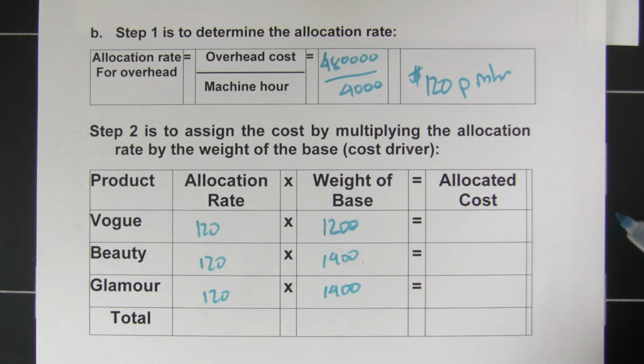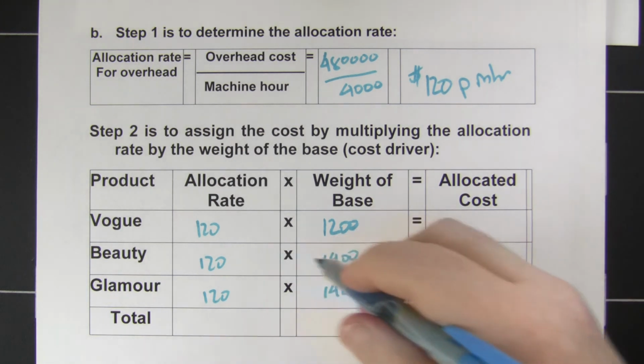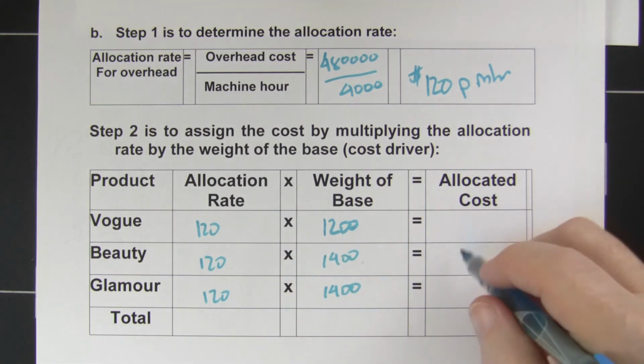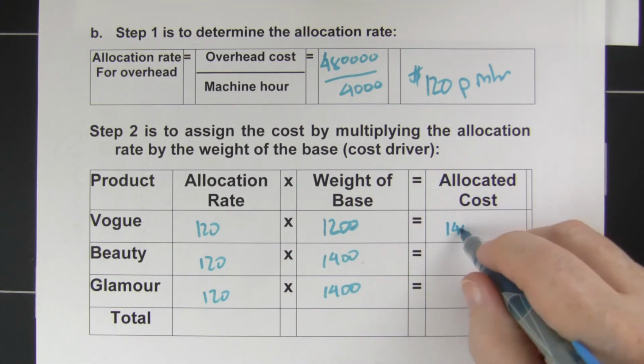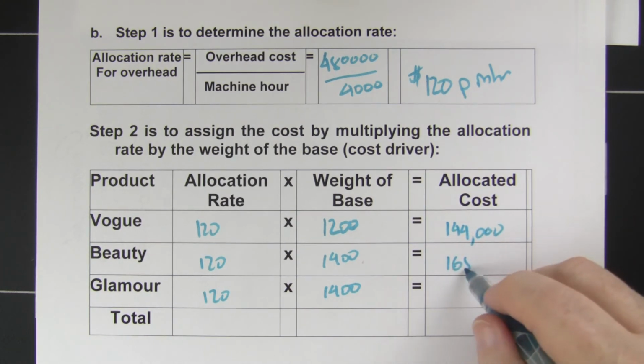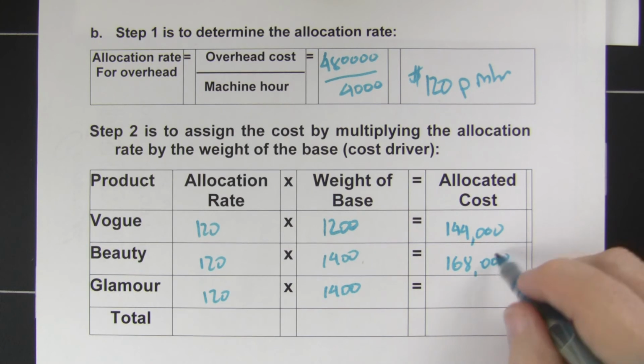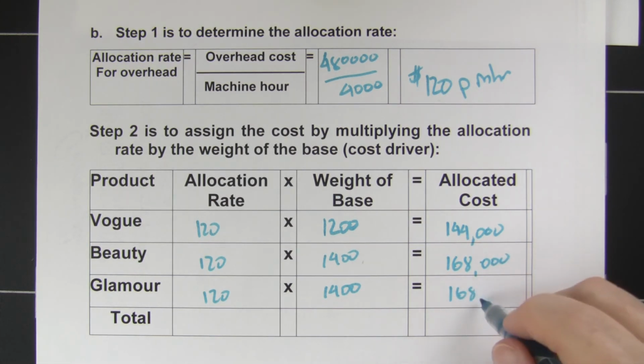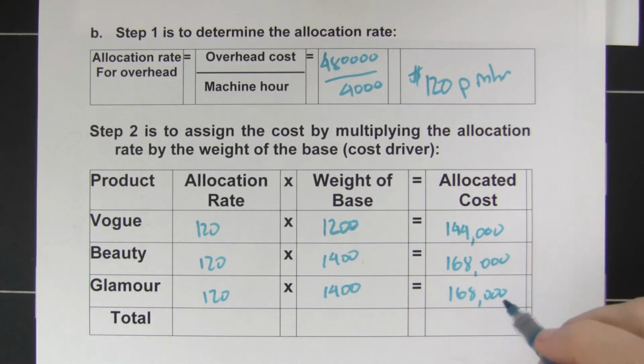And then it says do the total cost allocation. Just do the multiplication. 144,000, 168,000, 168,000, and of course I'm going to add them.